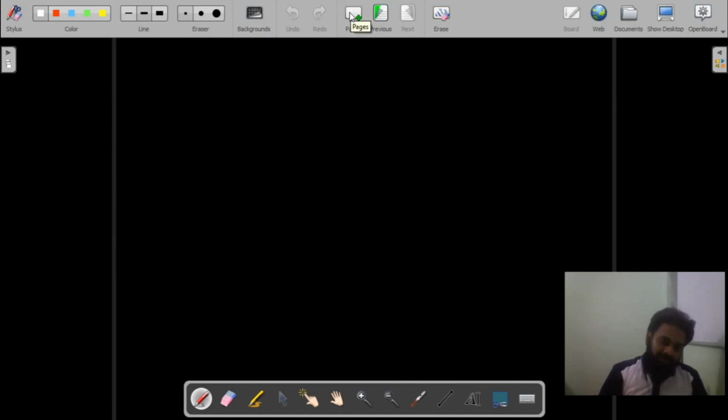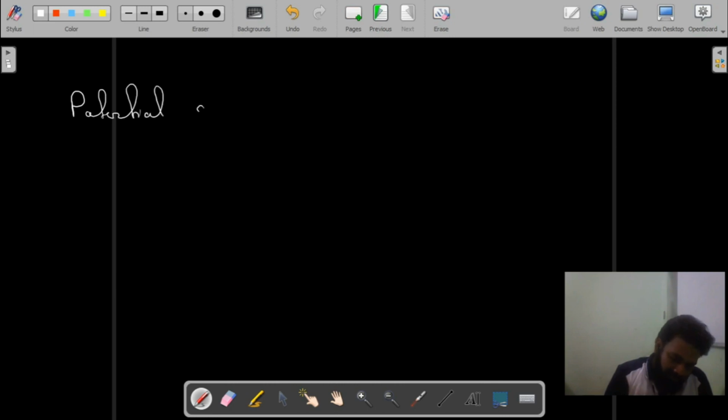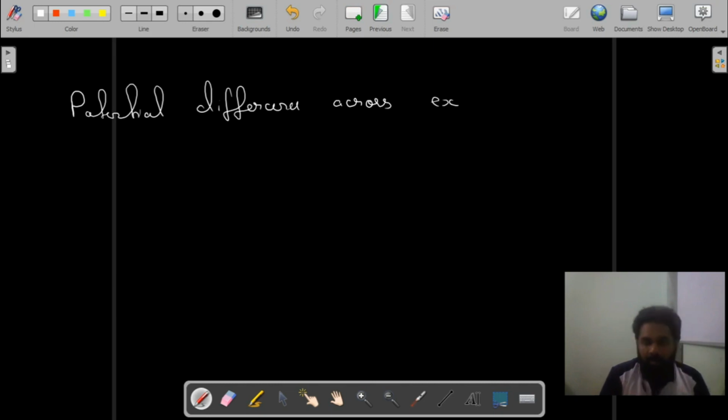Another definition, same result we will be getting, but another definition is: potential difference across the external circuit. That is also correct. That is terminal voltage or terminal potential difference. This is also fine.